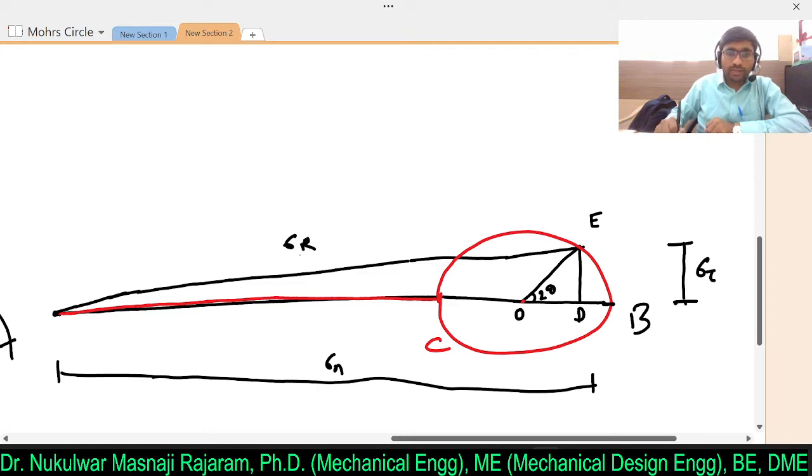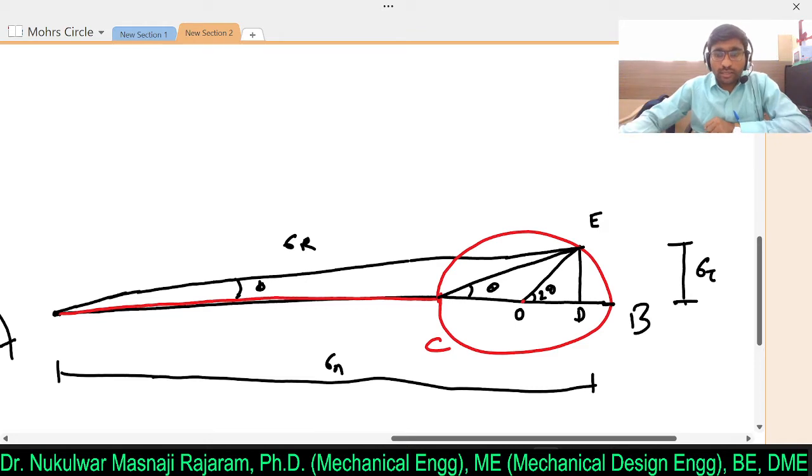How to evaluate the angle of obliquity? As we know, this is the angle between the normal stress and the resultant stress. The normal stress is given by the line AD, so here the angle is phi. If you join C with E, then here you will get the angle theta.